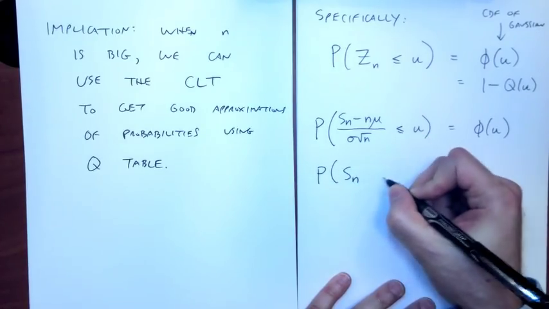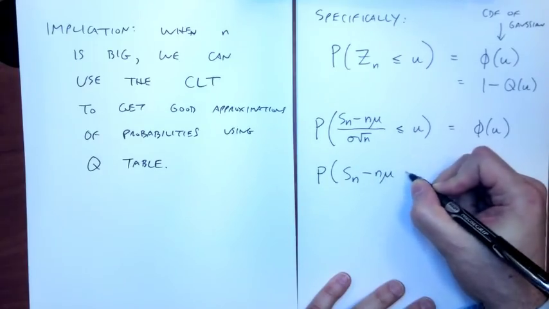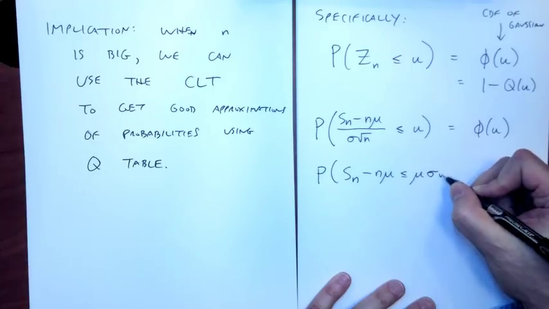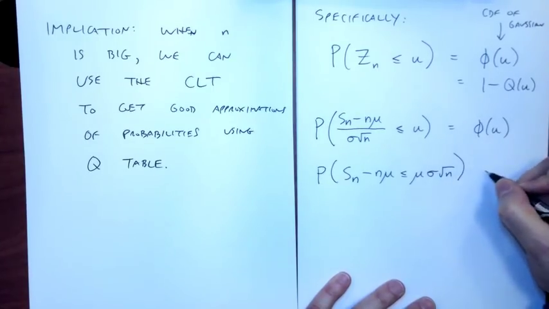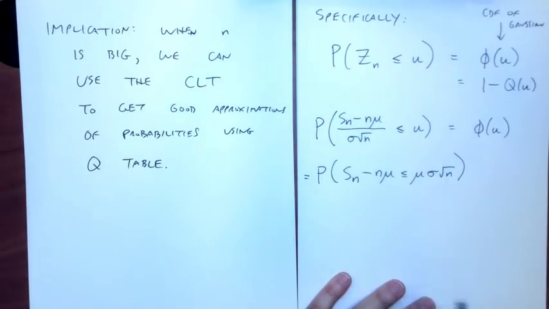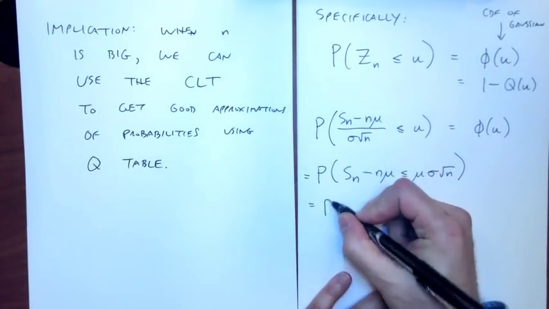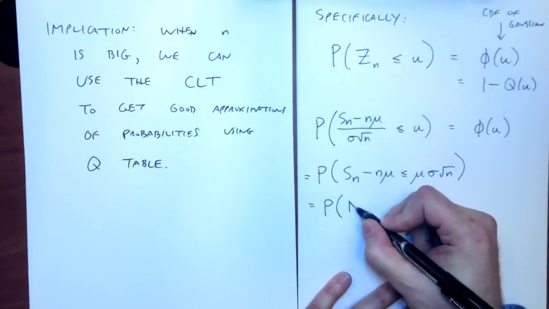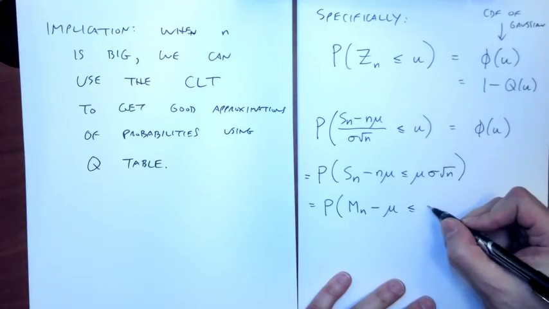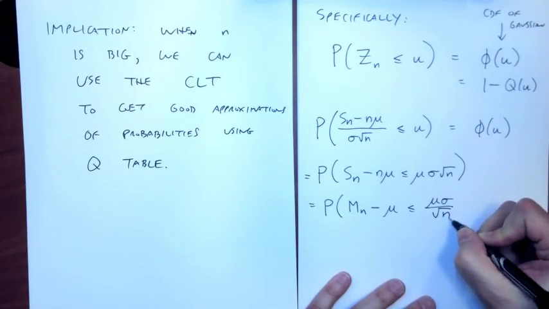The probability that the sum minus n mu is less than mu sigma square root of n, right? I'm just going to write a whole bunch of things that this is equal to. Or if I wanted to divide this whole thing by n, it would be like saying mn minus mu less than or equal to mu sigma over square root of n.